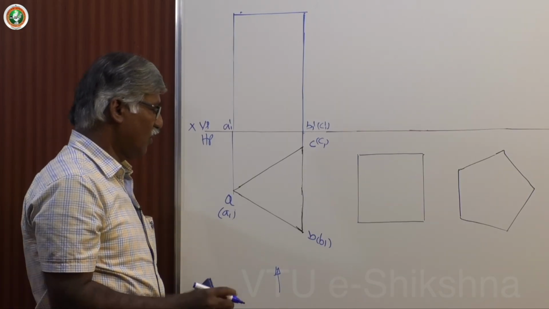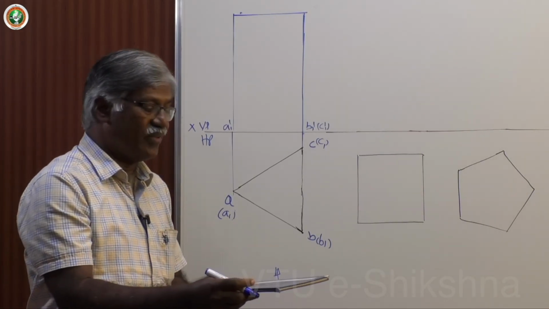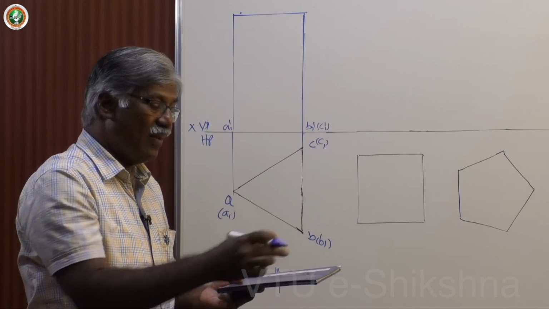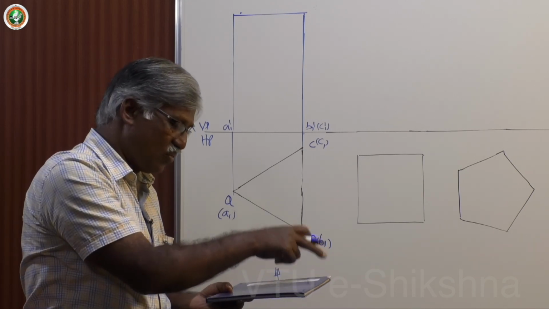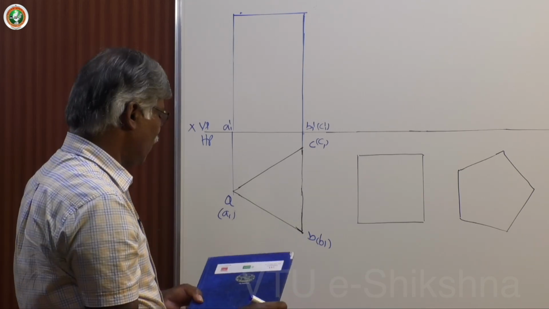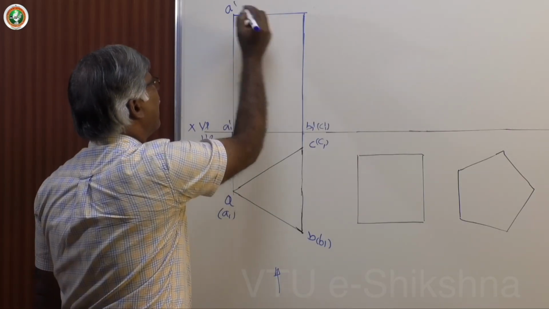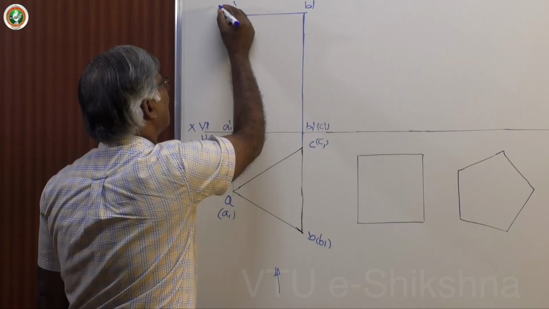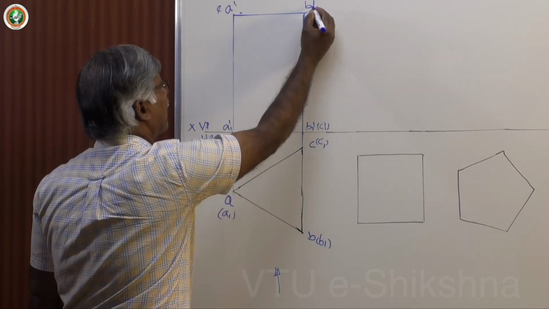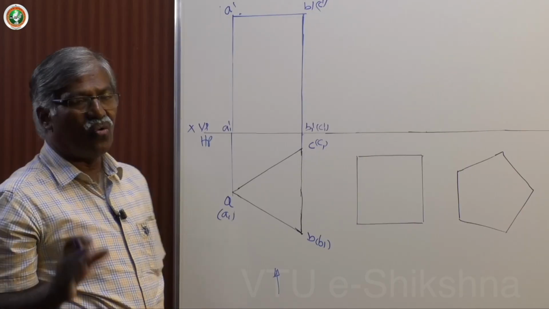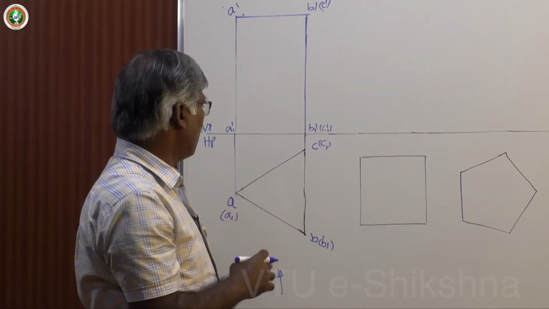Okay. So, suppose that this is the object we have, this is A, B, C. A is visible, B is visible, C is not visible, but it is coinciding with B. Okay. This you know from the laminae problems. Now, let me name this as A dash, B dash, C dash. So, this is how you can draw the projection of a solid.